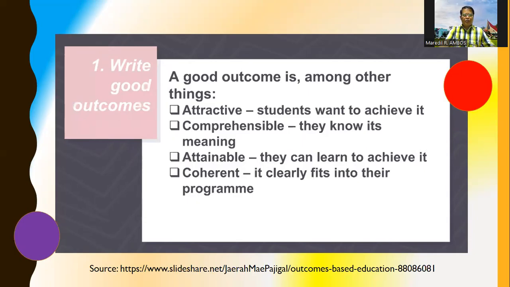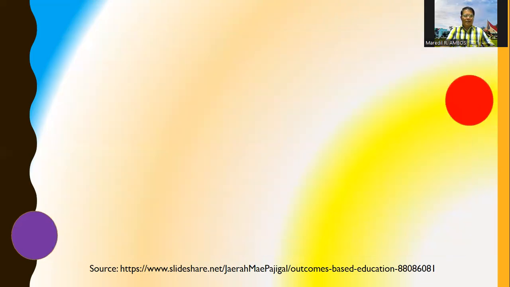The second is comprehensible: they know its meaning. The third one is attainable: they can learn to achieve it. And the fourth one is coherent: it clearly fits into their program. So again, a good outcome is attractive, comprehensible, attainable, and coherent.